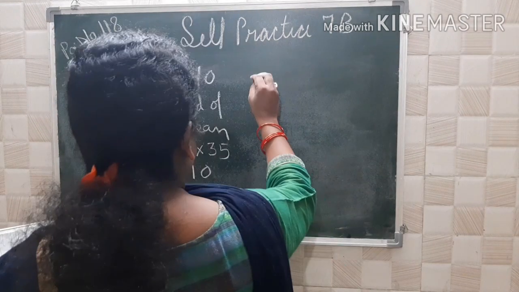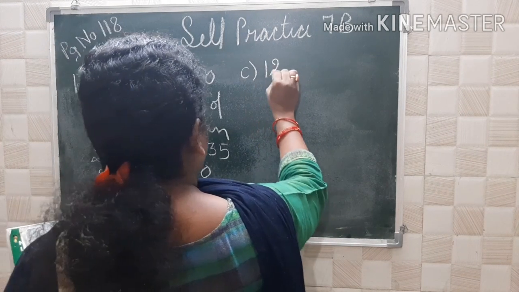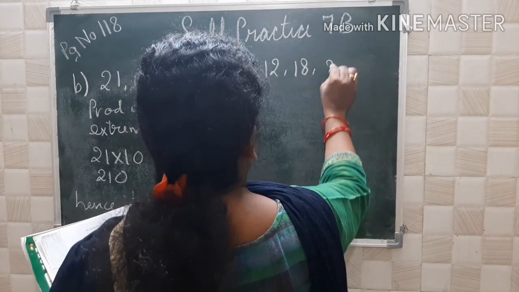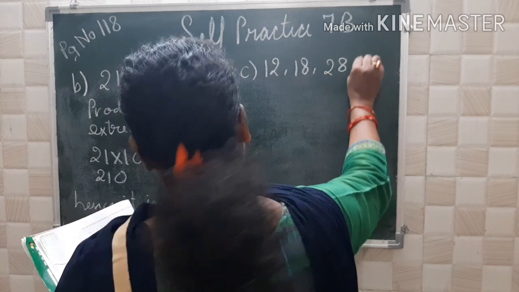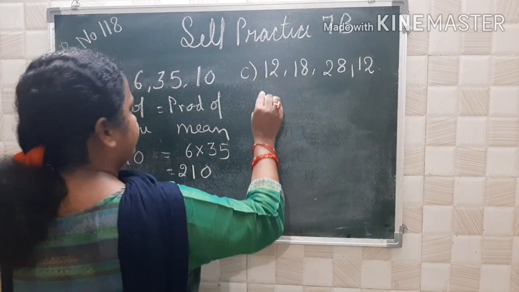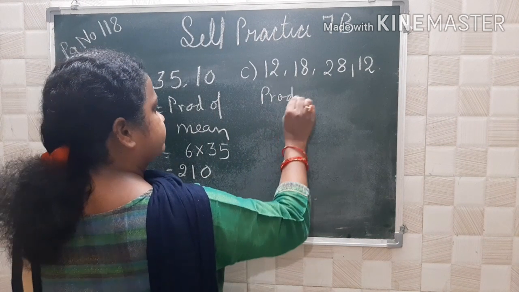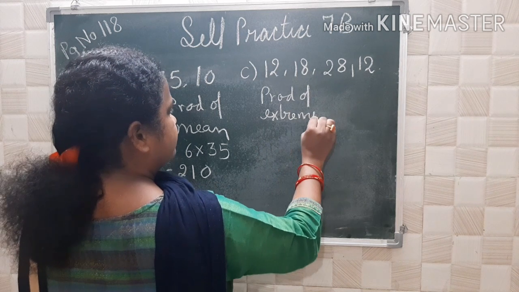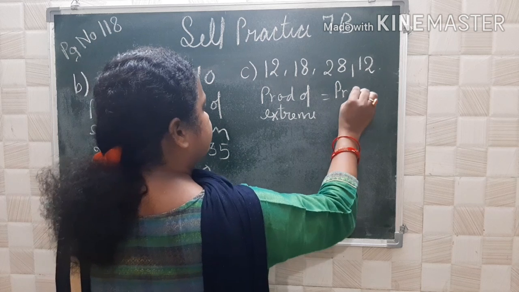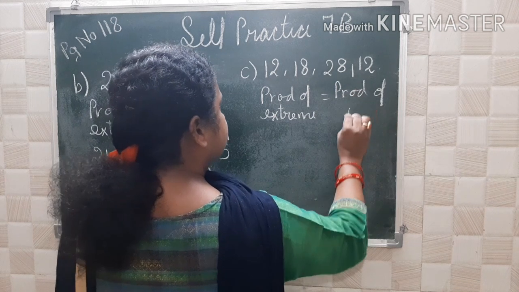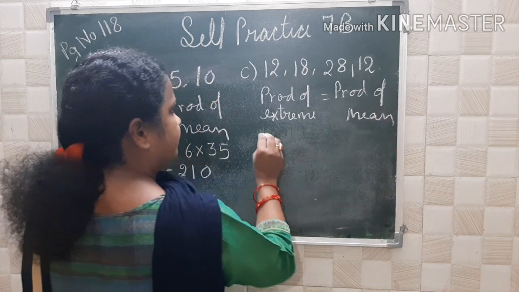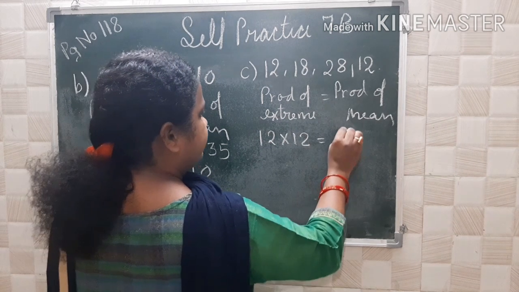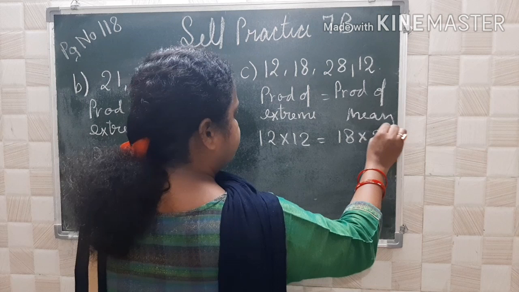12, 18, 28, 12. Now product of extreme is equal to product of mean. So what you will have? 12 into 12, and it is 18 into 28.